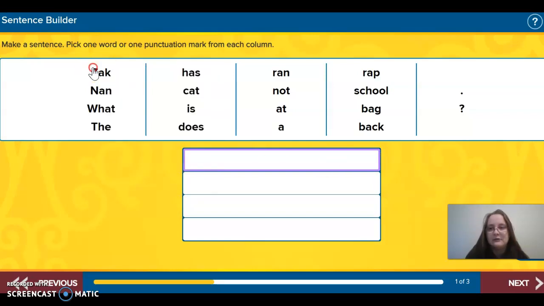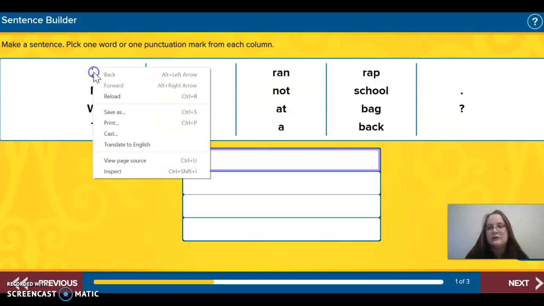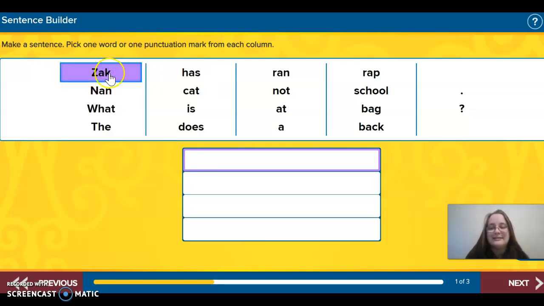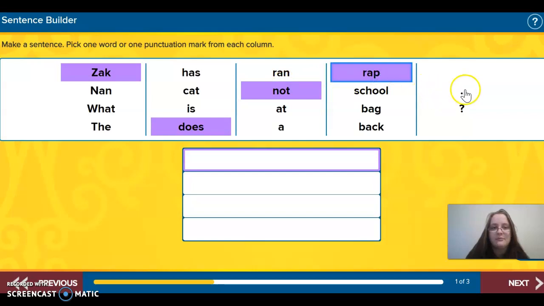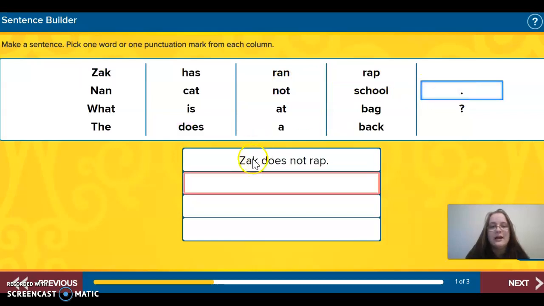Zach. Uh-oh. My mouse isn't working, guys. There we go. Zach does not rap. Period. So Zach does not rap. Let's try another one.